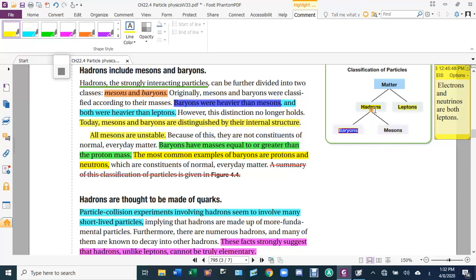It can be divided into two classes, mesons and baryons. Mesons and baryons were classified according to their masses. Baryons were heavier than mesons, and both were heavier than leptons.